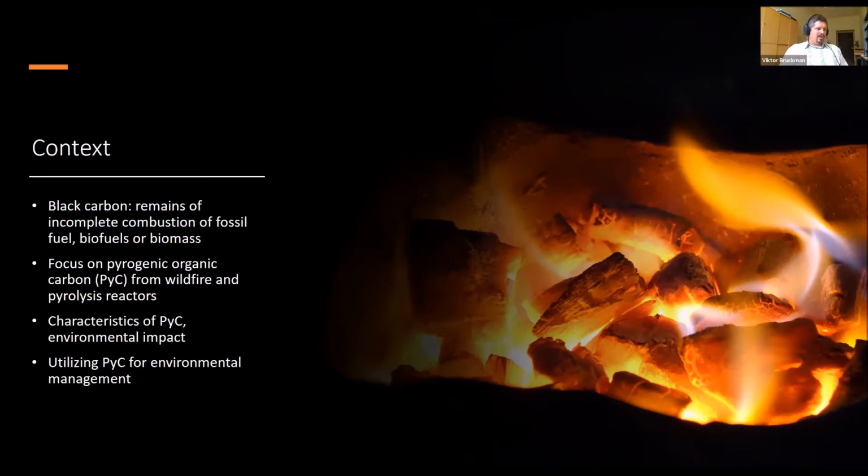I will talk about the characteristics of this kind of carbon and their environmental impact, specifically in the context of boreal forests. I will also come to the point where we talk about engineering by utilizing pyrogenic carbon for environmental management. So we start from the natural origin towards the artificial origin of such carbon.